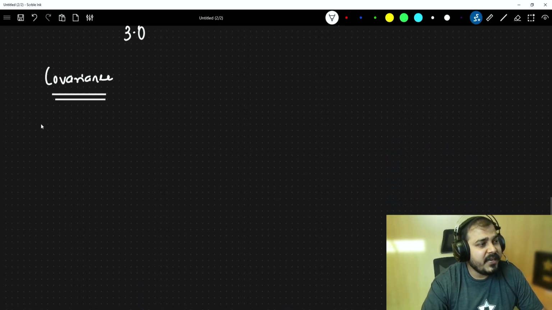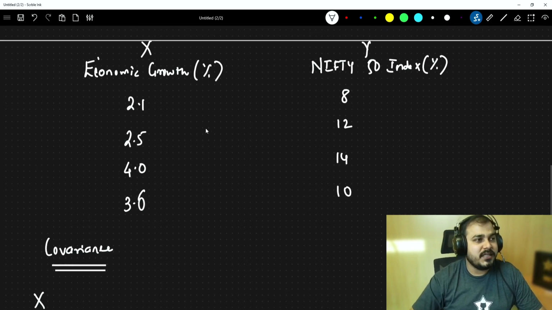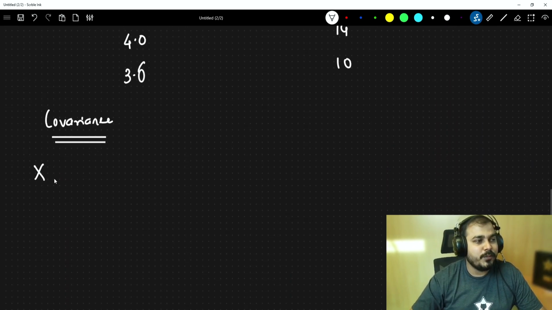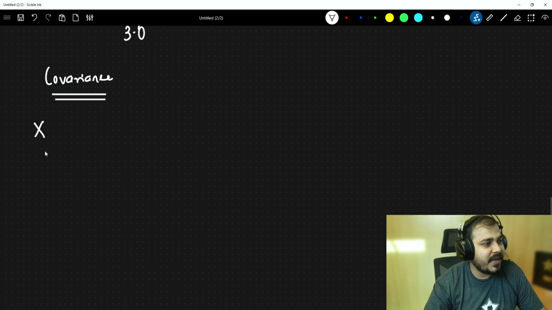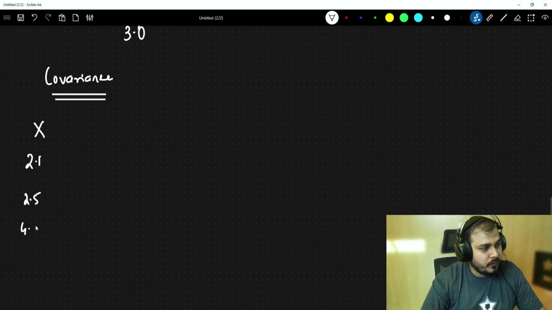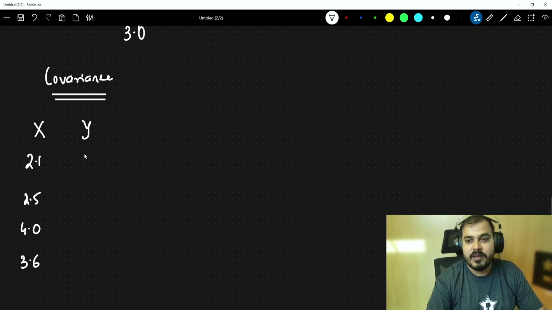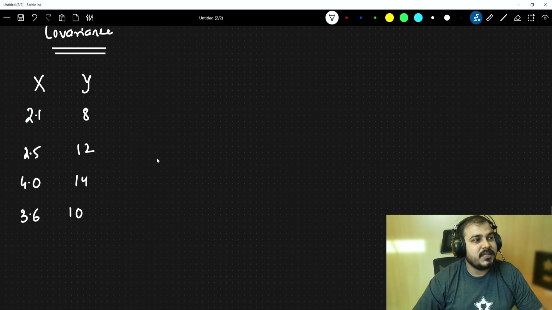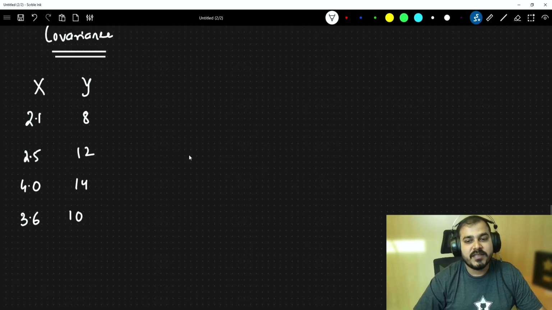Now let me create the table. For economic growth, I'm going to mention it by x. So x, I already have 2.1, 2.5, 4.0, 3.6. And then y, I actually have 8, 12, 14, 10. So these are the two columns that I have.